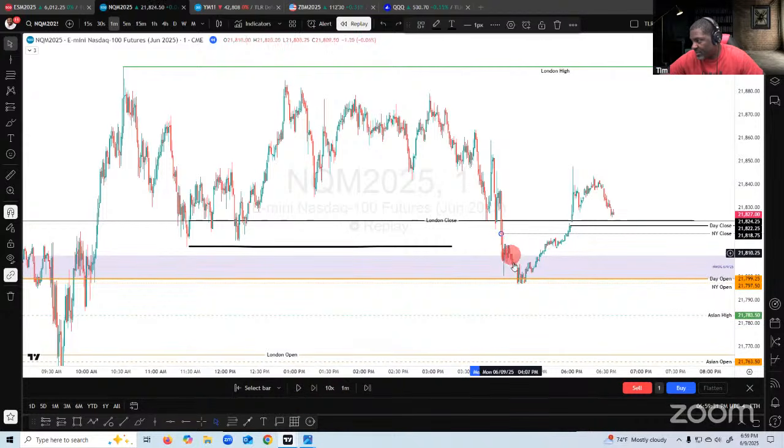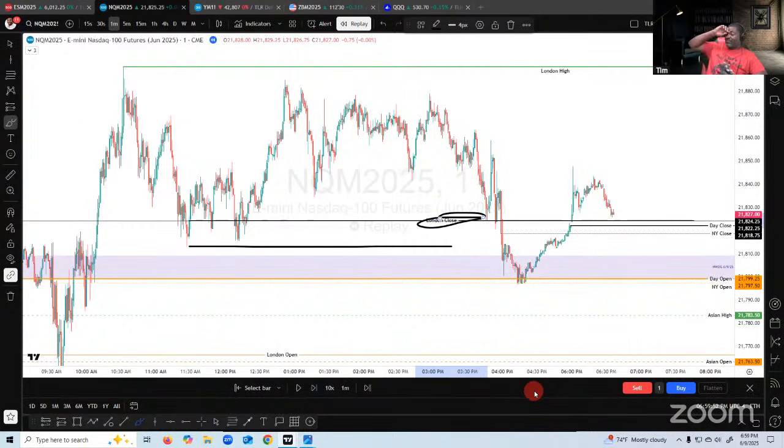And then we continue to drop down back into the daily open and the New York open. And then we start to rally back up, got above the New York close and closed on the day at 21,822.25, 2 points lower than we closed the London session, right?